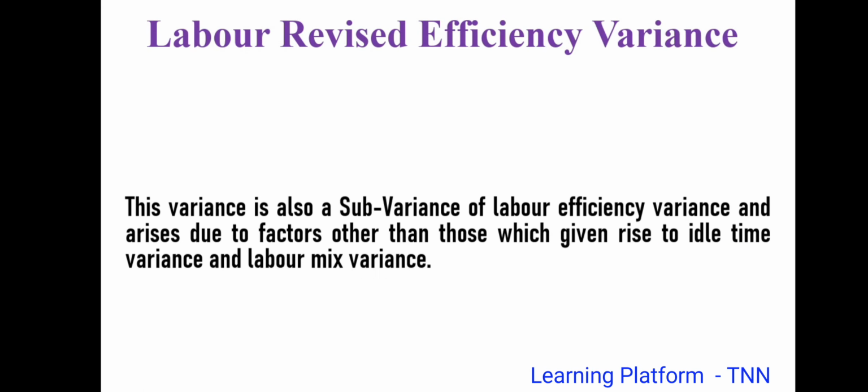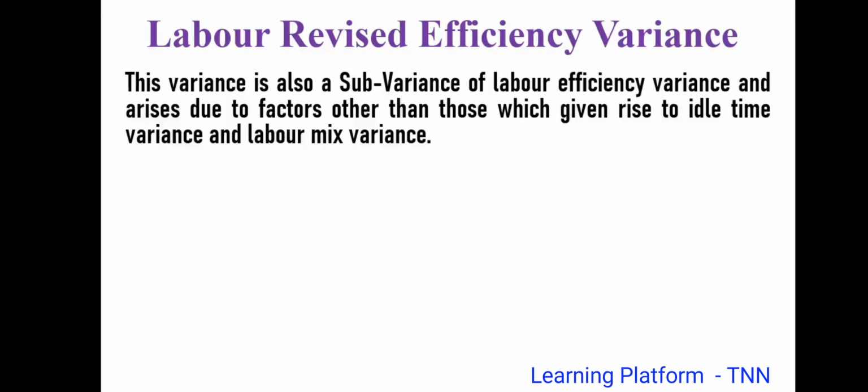Then the labor revised efficiency variance. It is also a sub-variance of labor efficiency variance and arises due to factors other than those which give rise to idle time variance or labor mix variance.